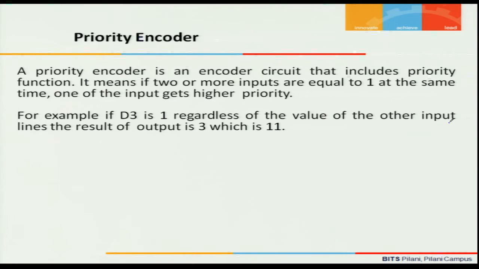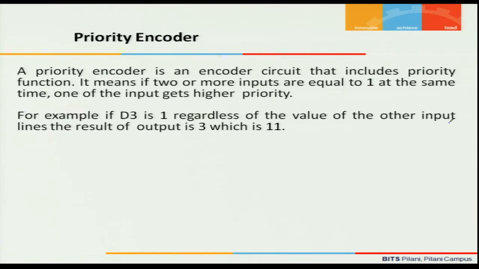A priority encoder is a circuit which includes a priority function, which means if 2 or more inputs are equal at the same time, one of the 2 gets higher priority and the output pattern corresponding to the higher priority input gets activated.